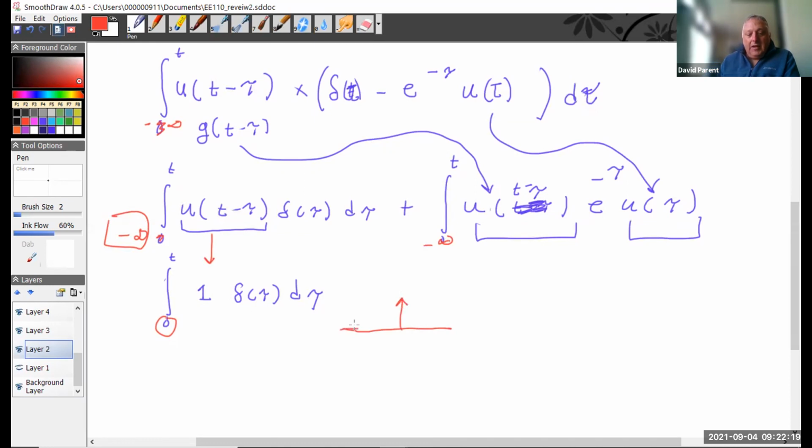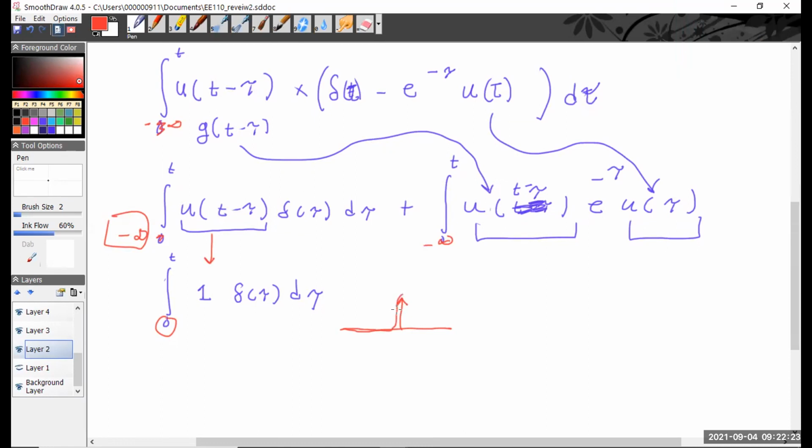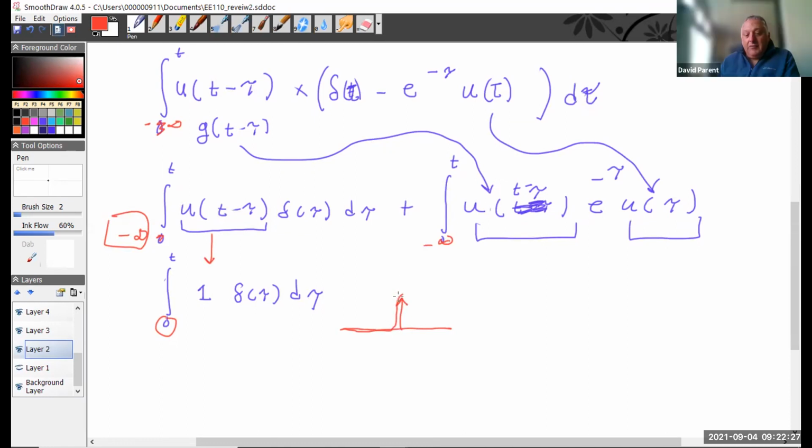So if I integrate something infinitely high and infinitely thin that has an area of 1, well, then the area goes to 1 and never comes back down because I'm integrating with t.